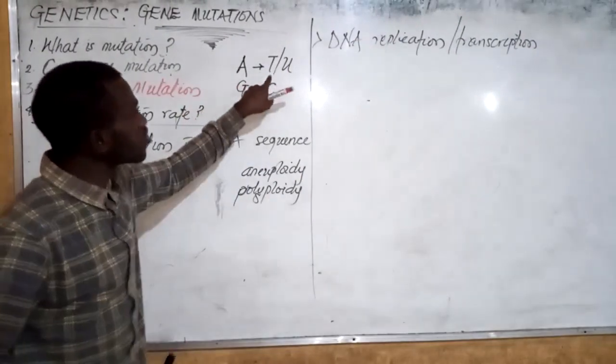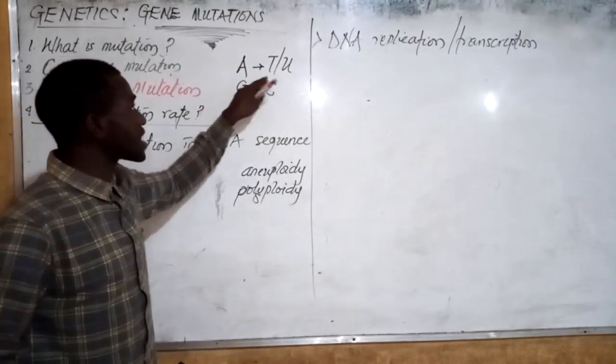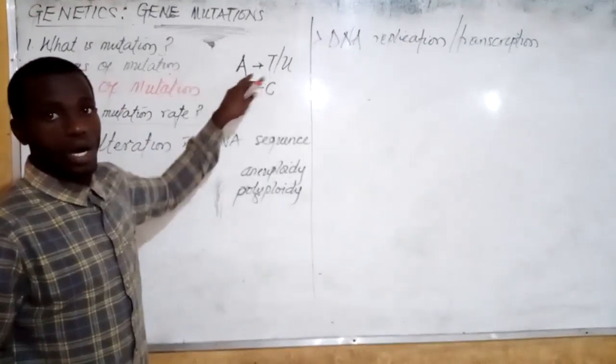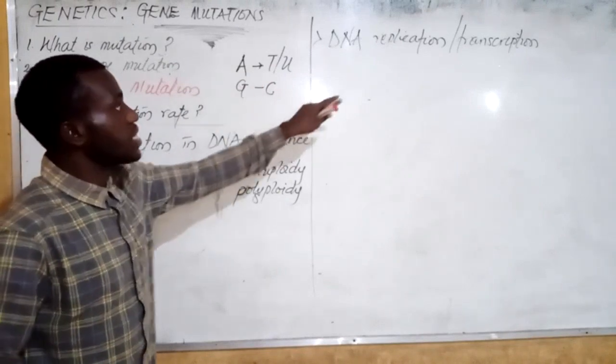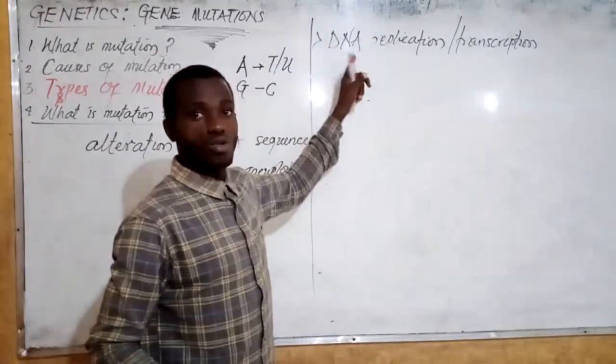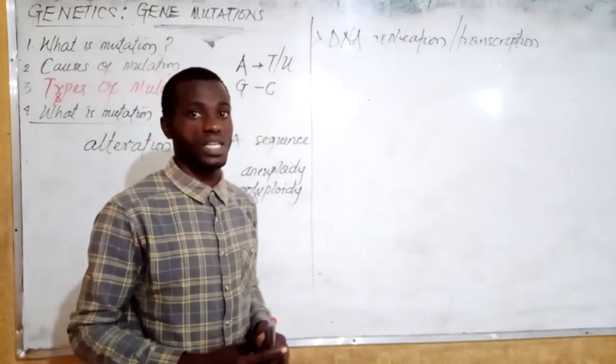So if there is a mistake in this transcription or this base pairing, then that could lead to mutation, or that is basically mutation.